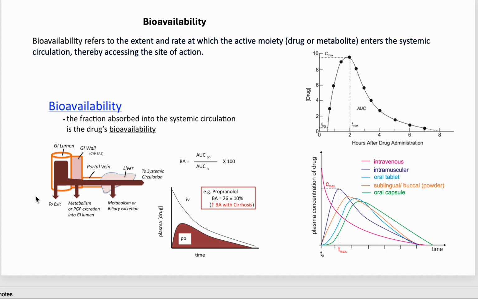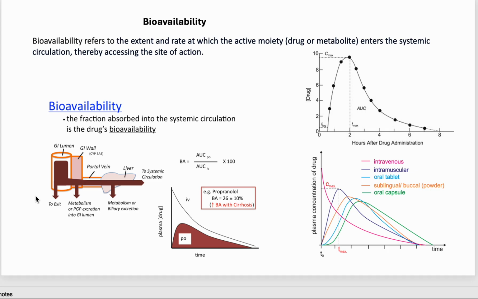This is called first pass effect, which refers to the mechanism by which most of the drugs are converted into inactive metabolites prior to entering the bloodstream. This first pass effect makes the drug more bio unavailable. I mean, it decreases the bioavailability of the drug.